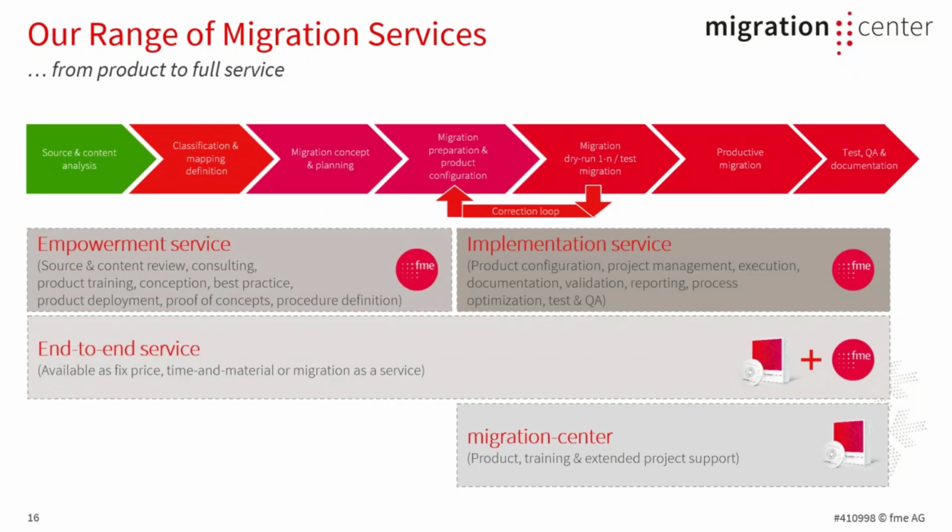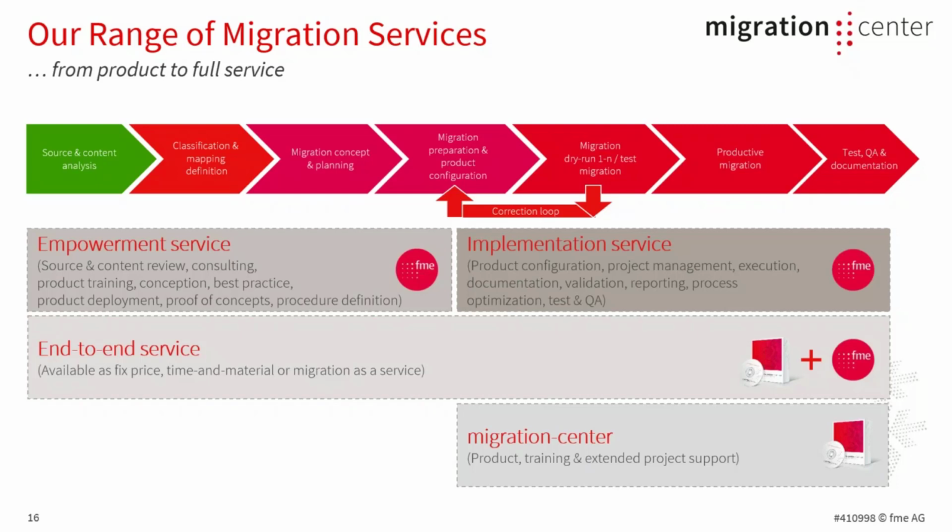For our migration approach, we also provide a couple of different service packages for you. Usually our approach starts with the source and content analysis. That means we review the existing source systems and the corresponding content, context and metadata, and all the related information like access rights, folder structures, records management information, things like that.